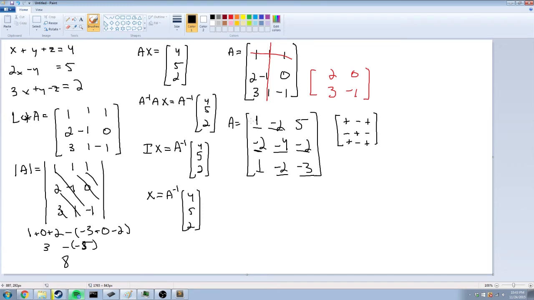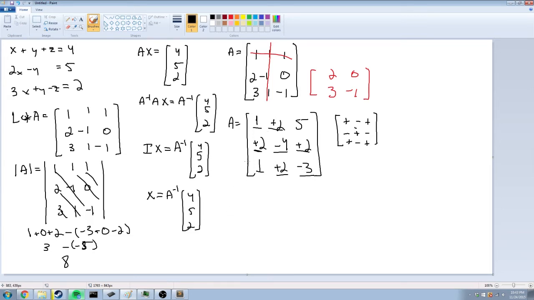So we would keep this the same, multiply this by negative 1 since it's in the second position, which is negative, so we make that positive 2, and keep this the same since it's positive. Multiply this by negative, so it'll be positive 2. Keep this the same since it's positive right here, since you're multiplying it by positive. Since you're multiplying this by negative, it'd be positive 2. You keep this positive, make that a positive since you multiply by a negative, and then keep that as a negative.